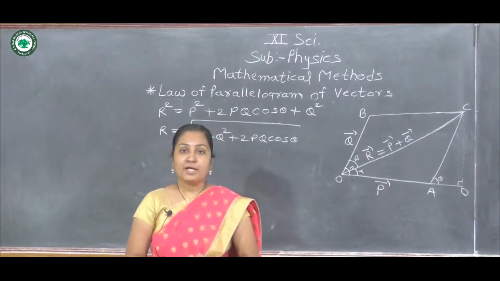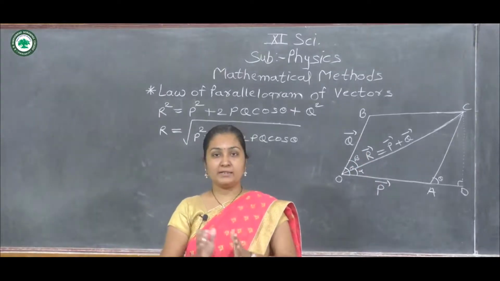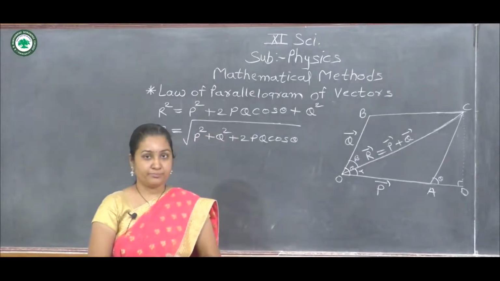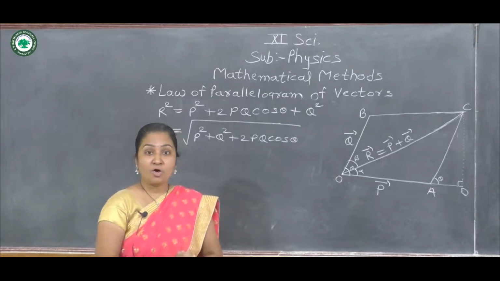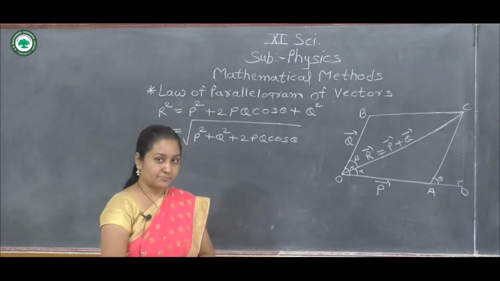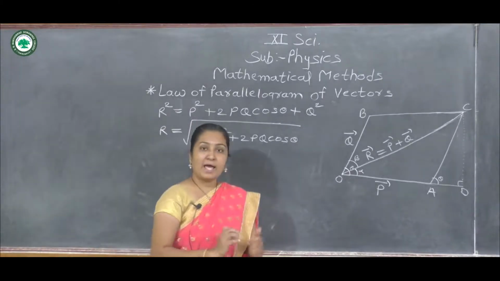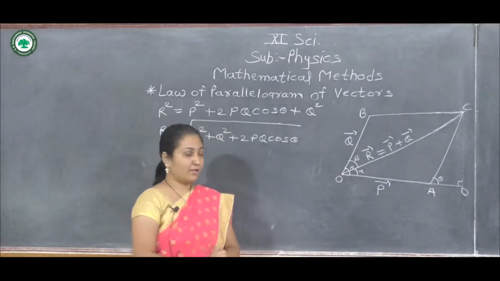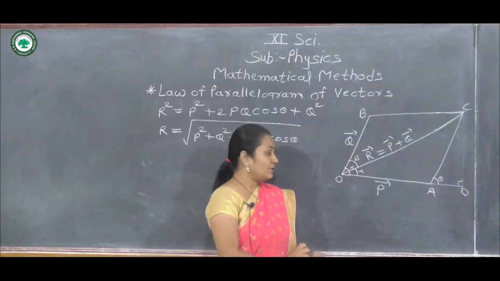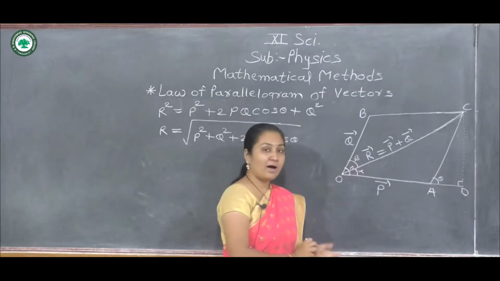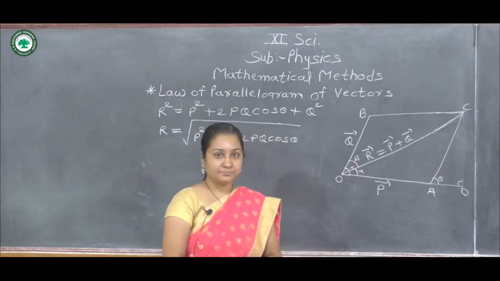So now we have the formula to find the resultant magnitude. Now we have to find the direction of the resultant vector. To find the direction from this figure, we will find the value of alpha as well as beta.